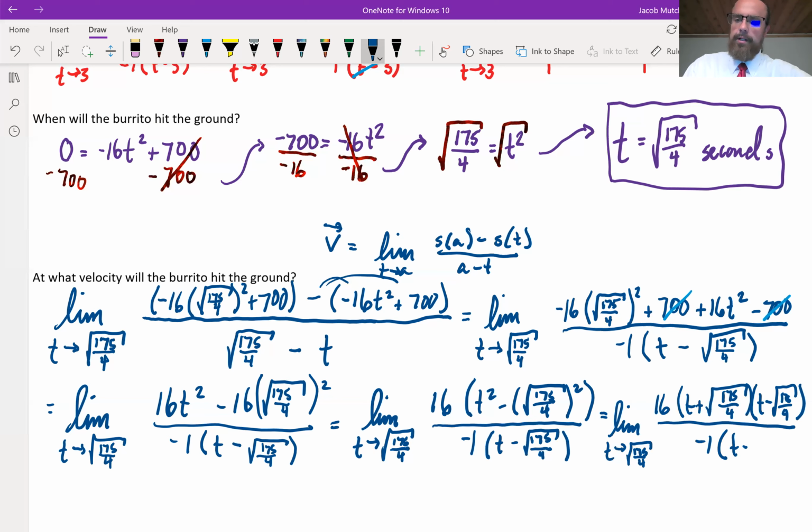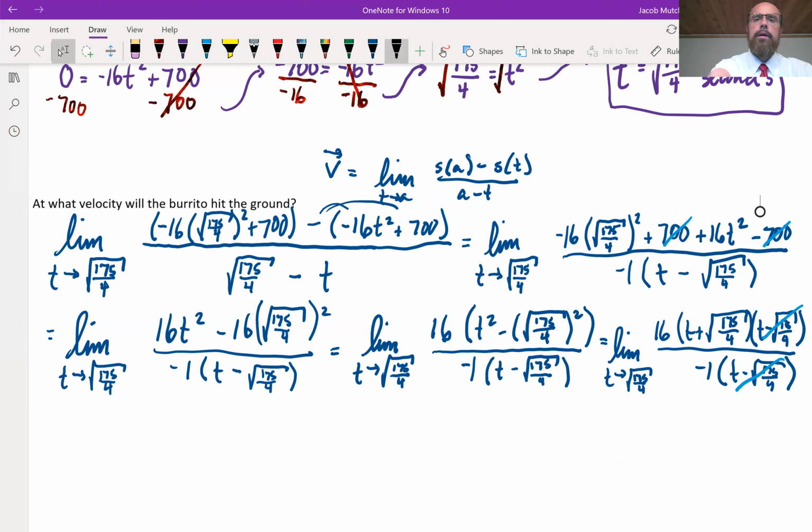So I am ready to cancel. Let's do so. So these identical factors will go away. And at this point, because of that cancellation, I'm now free to use direct substitution to evaluate the limit.